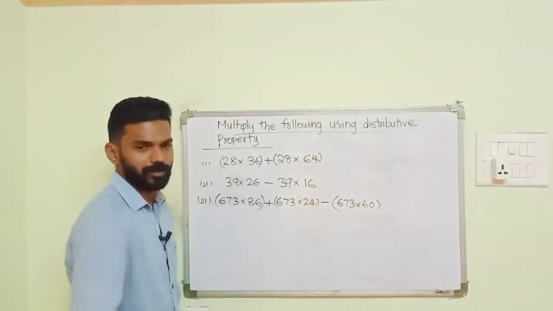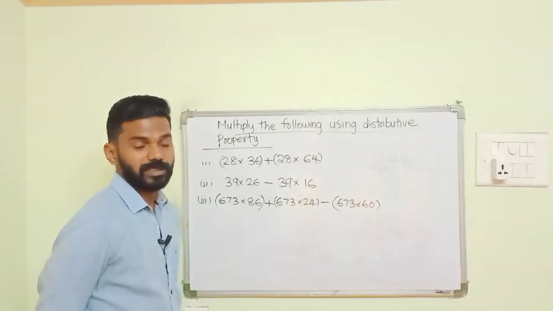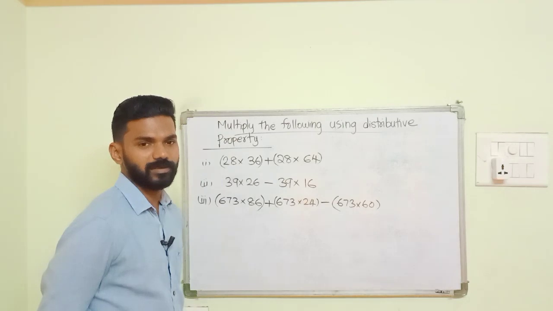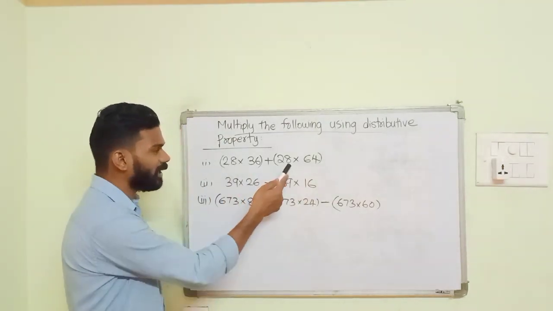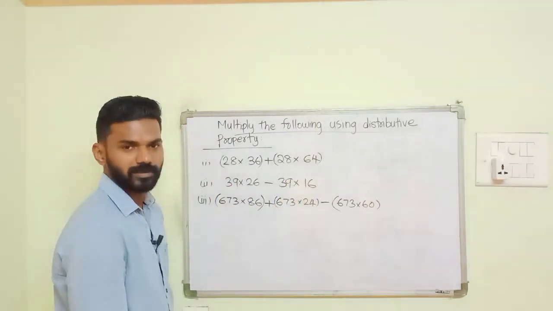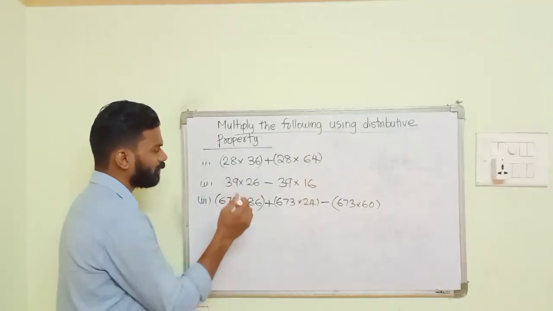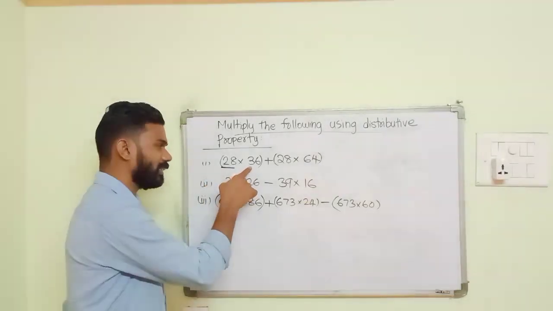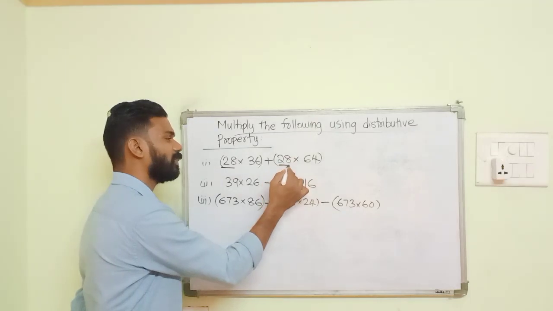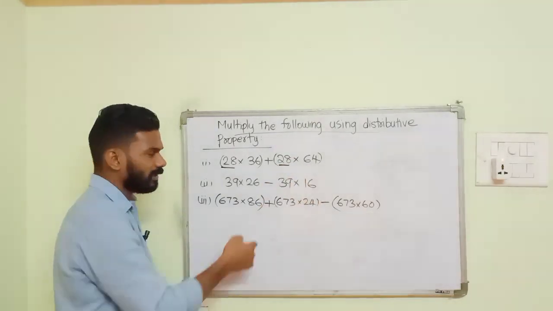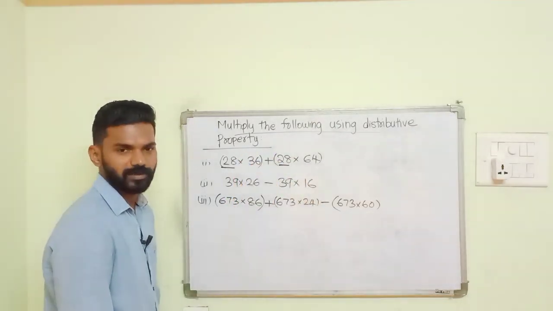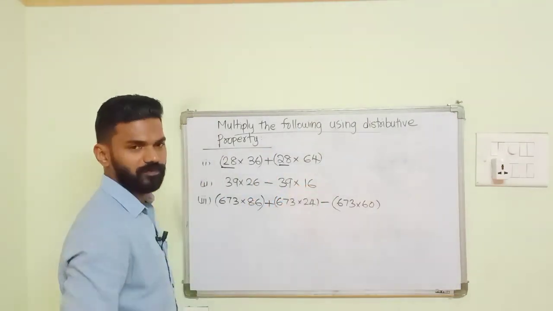Actually, this is a distribution of multiplication, which is the number multiplied here in both cases. 28 is multiplied with the 36 and 28 is multiplied with the 64. Thereafter it is added. So this is a distributed form.